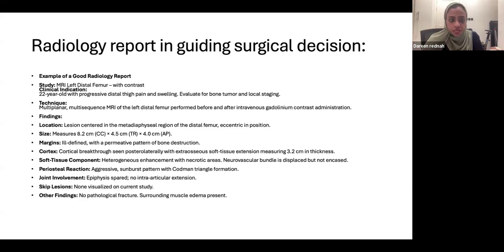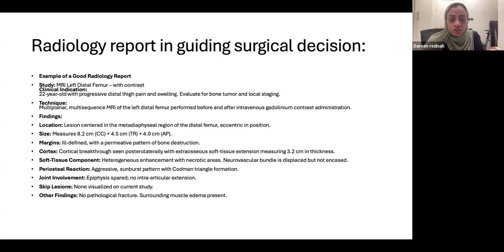It's a malignant tumor. Cortical breakthrough seen posterolaterally with extraosseous soft tissue extension measuring 3.2 centimeters in thickness. That will tell the surgeon, do not expose the bone to remove the tumor with a negative margin. You have to take a soft tissue measure of 3.2 centimeters in thickness.